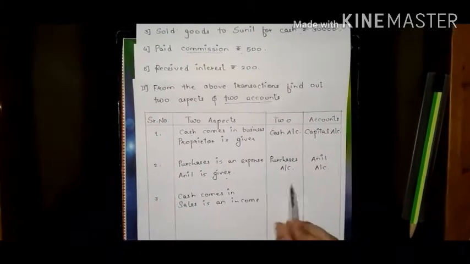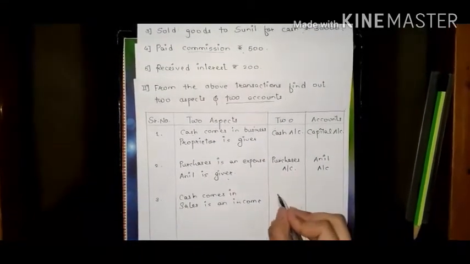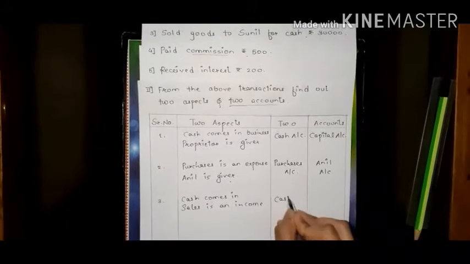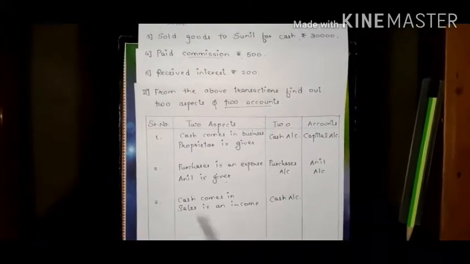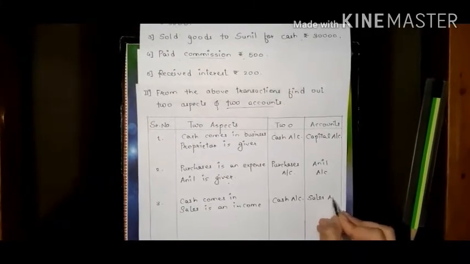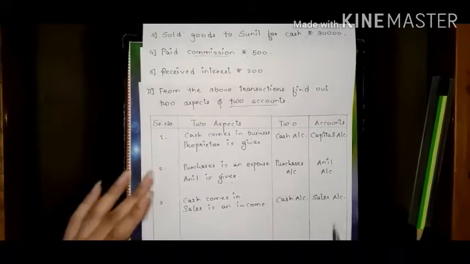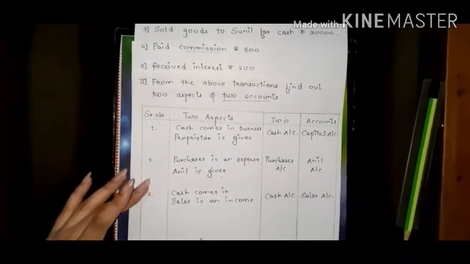So now we have to find out two accounts. Cash comes in. One is cash account. And sales is an income. So sales will be another account. As we have sold goods, so sales is going to be our another account. Okay. I hope you understood till this.